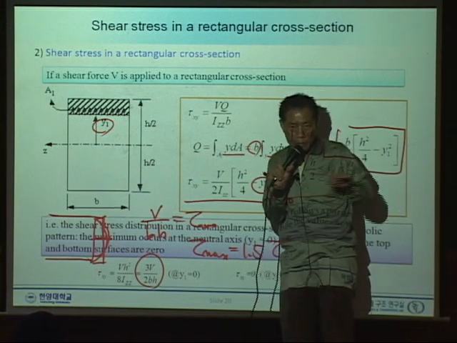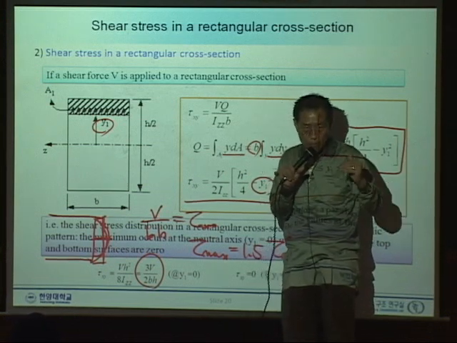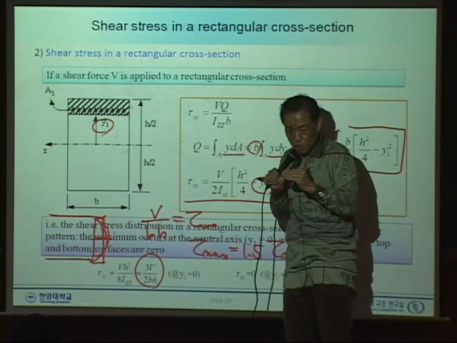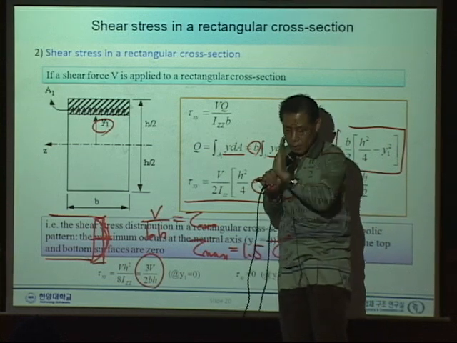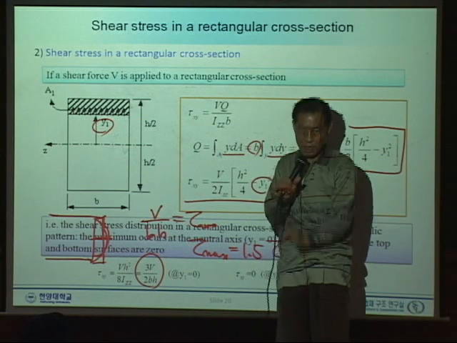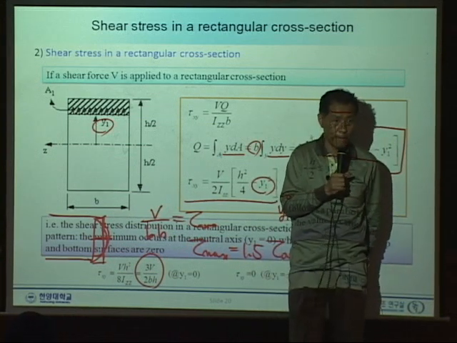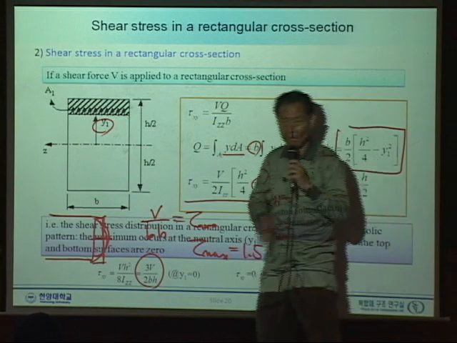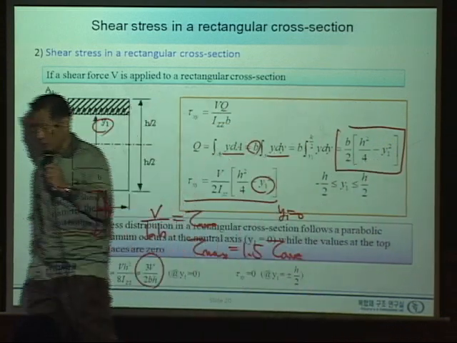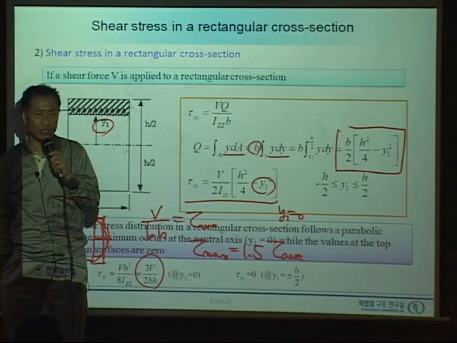And at the bottom surface, there should be some shear stress, and that shear stress is the same as this one. That's how we calculate these shear stress distributions. Okay, so any question?